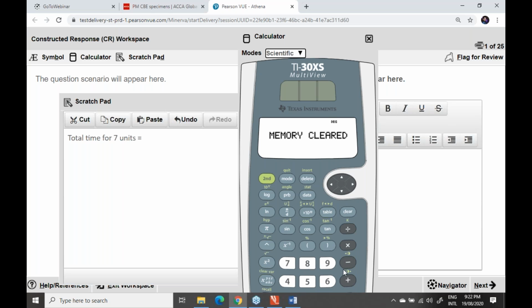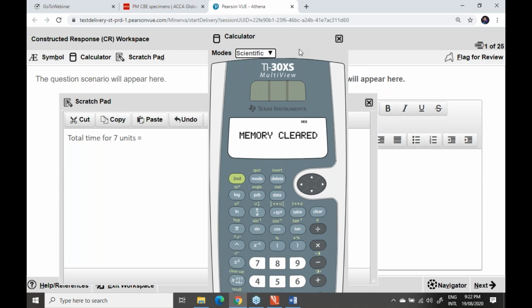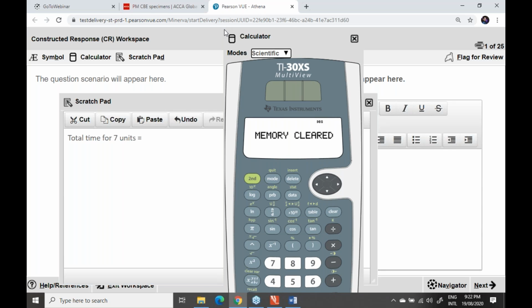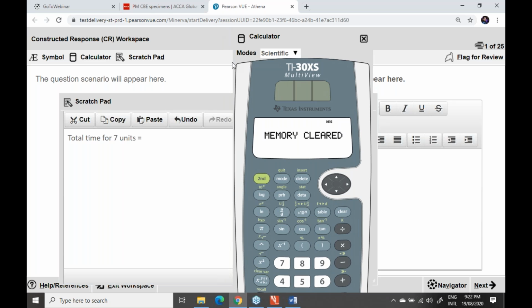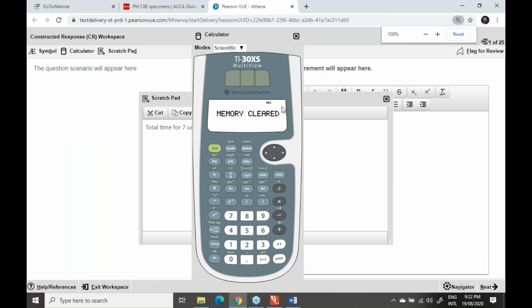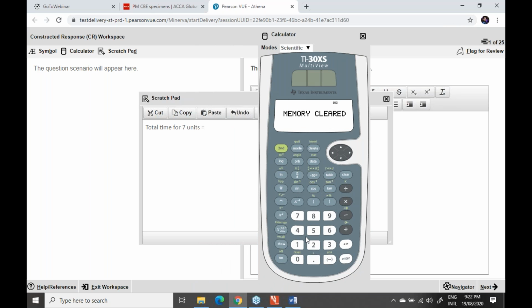So now you can use that. This is my calculator. Is it clear, all of you, how to use that scratch pad?